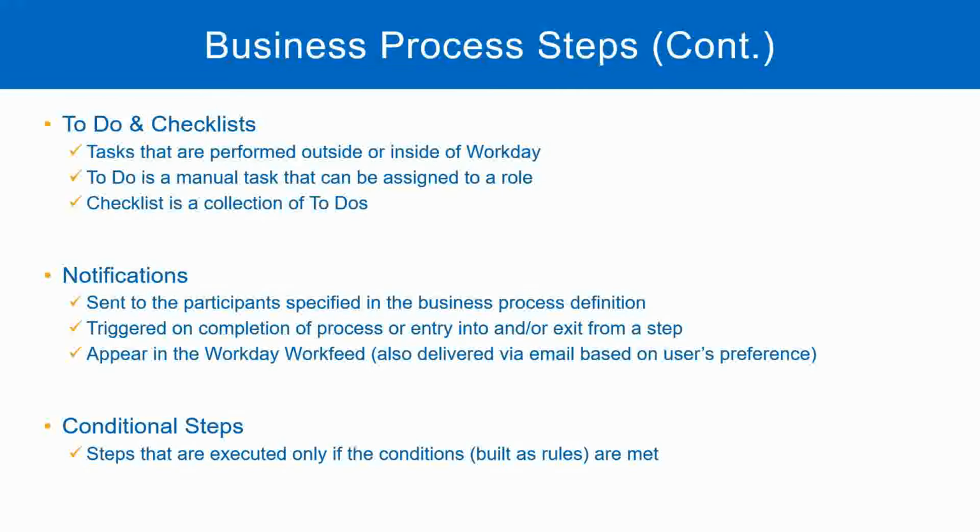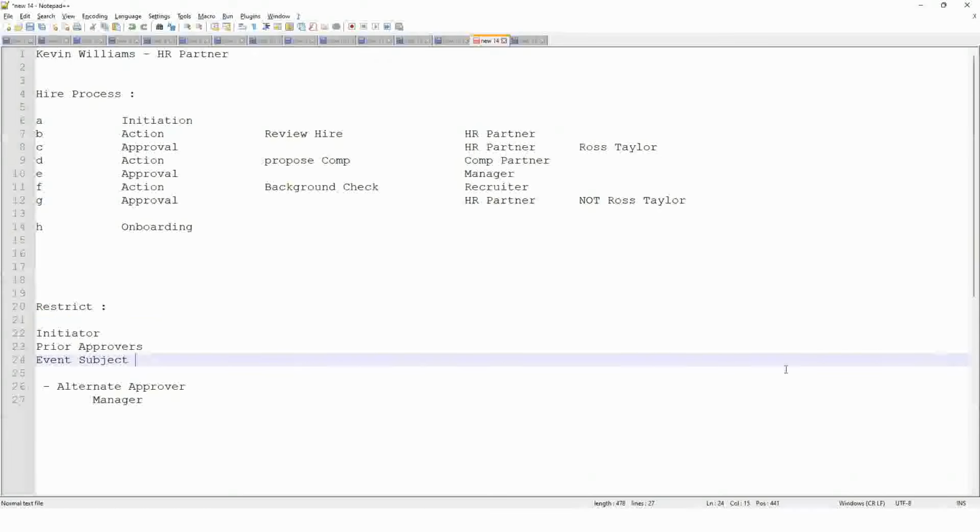You can notify a group of people once a certain task is triggered. So let's say, for this one, once you initiate the process, it goes to action. Review hire, HR partner. After the review hire, it goes for approval.